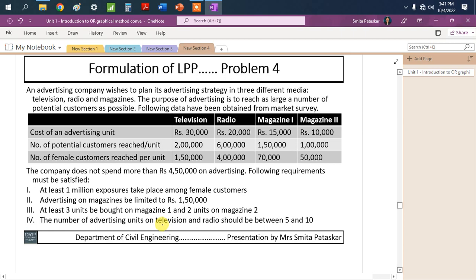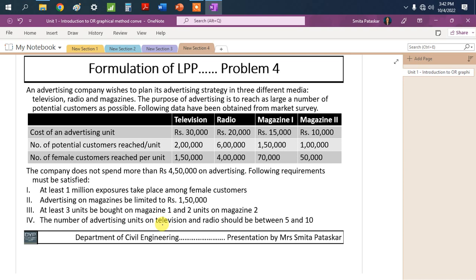Now this is the advertising problem. So there are 4 different types of advertising media. The cost of each advertising unit is given, and the number of potential customers that can be reached by each one are also given. So now with this what we have to do is reach the maximum number of people, right?